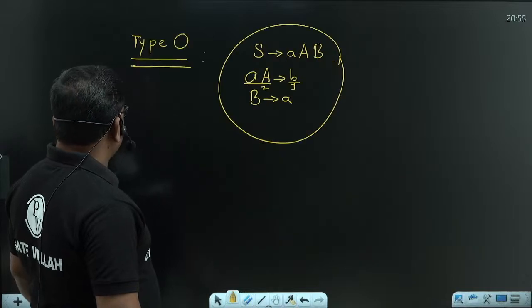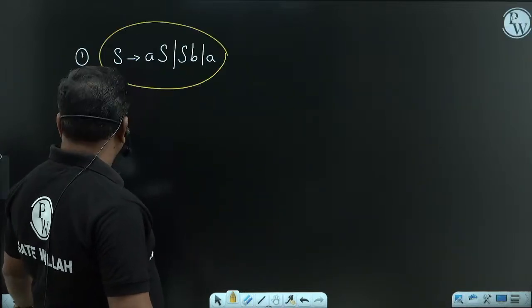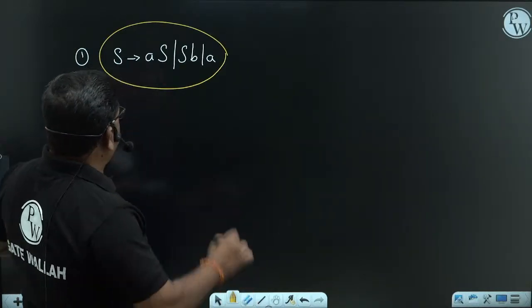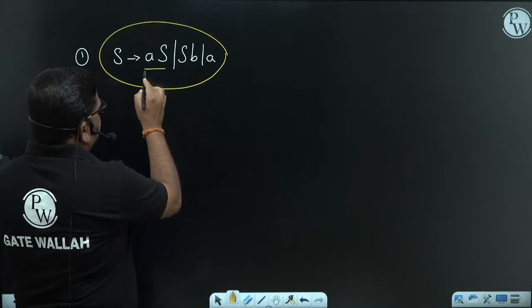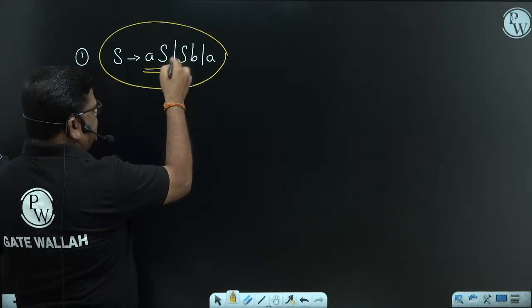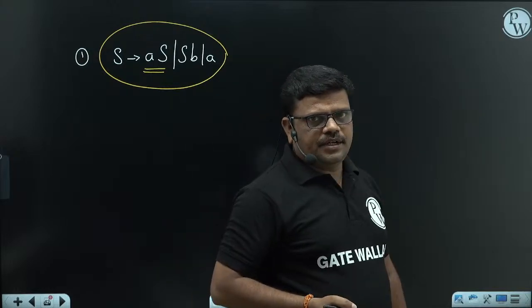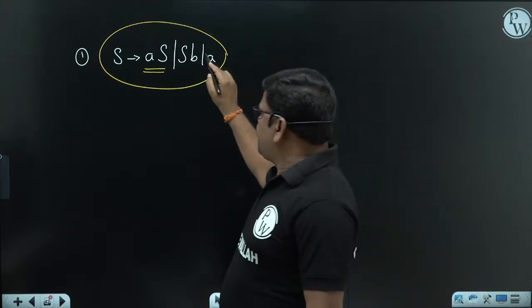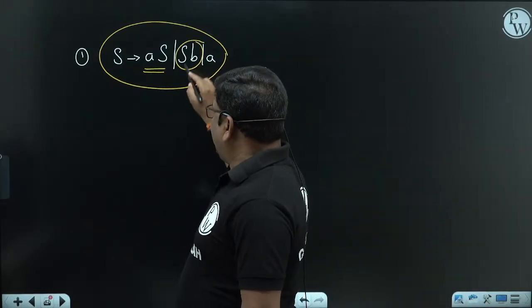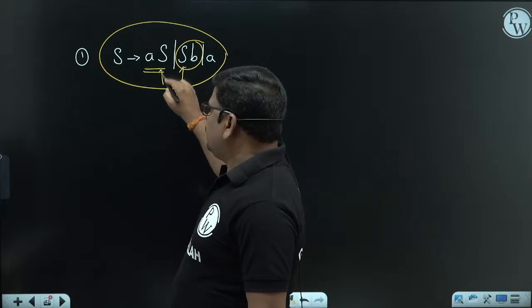But what is our given example? In this production, the non-terminal exists in the rightmost side, so this comes under right linear. In this one, the non-terminal exists in the leftmost side, so this comes under left linear.